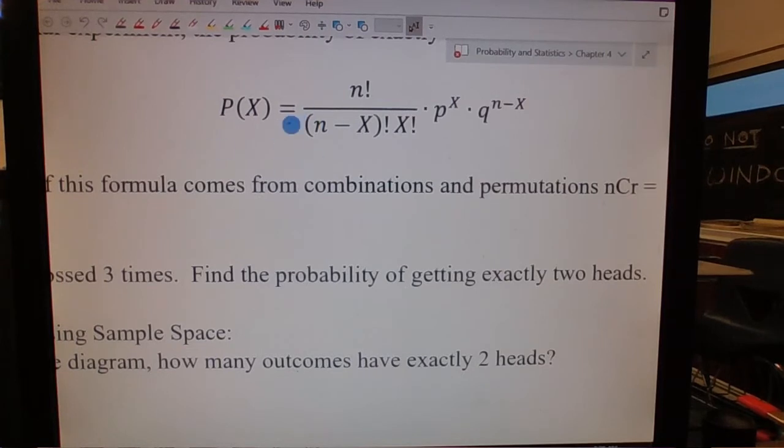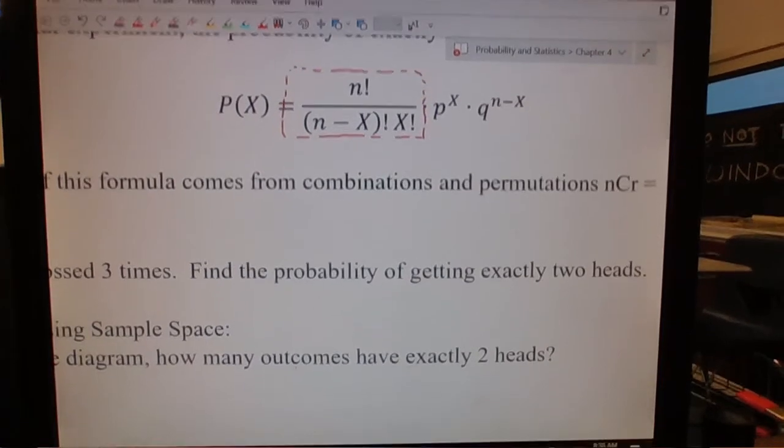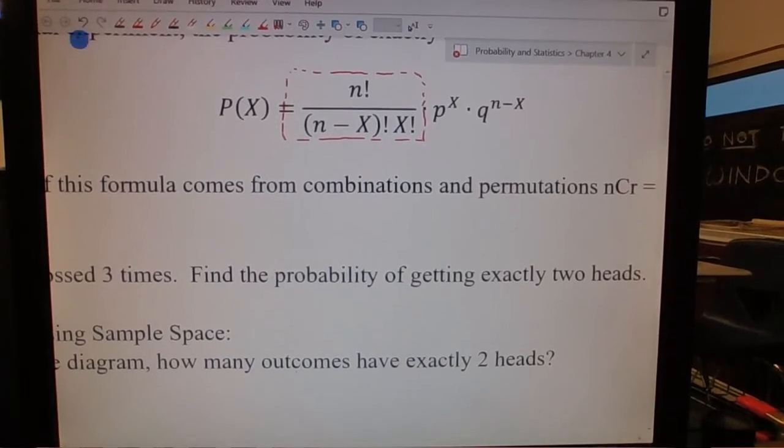So this here is a combination. And what's nice is that it's a nasty looking formula, but there is a function on your calculator that encompasses this formula.